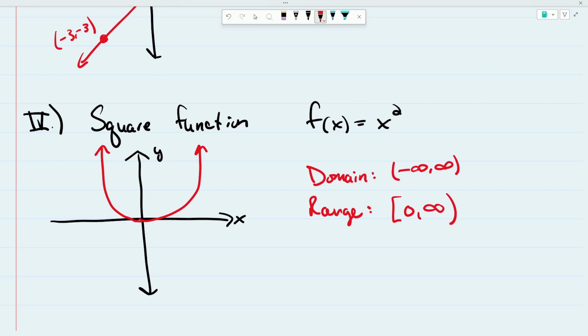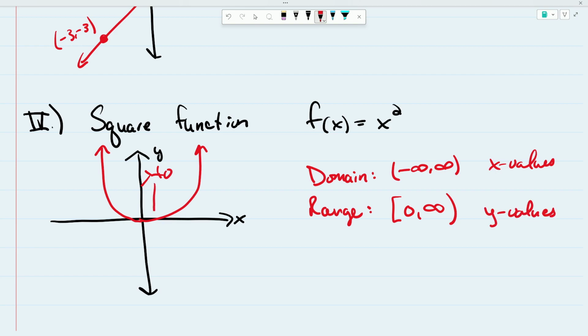Now, I think this is a really good break for a second, just to reiterate what's happening. For the domain, remember, we're thinking x values. Okay? So if I walk along the x-axis to the left or to the right, if I can always see my square function either above or below me, that means it's defined there. Okay? Now, if you walk along the y-axis for the range, so remember, range are y values.